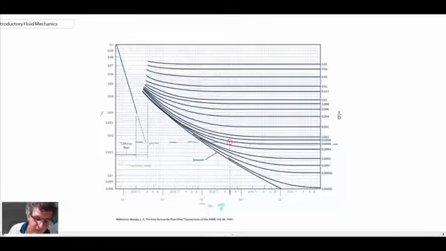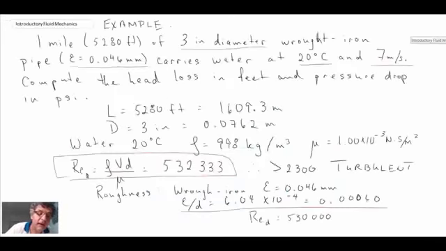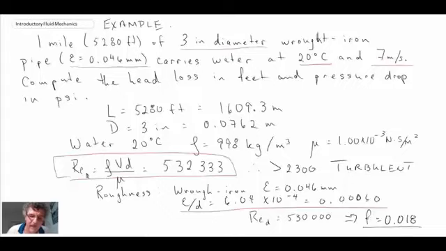Carefully coming over, we come out about there. So that's 1, 5, 6, 7, 8. We estimated the friction factor to be about 0.018. So by reading the Moody diagram, F equals 0.018, and that would be our first estimate.